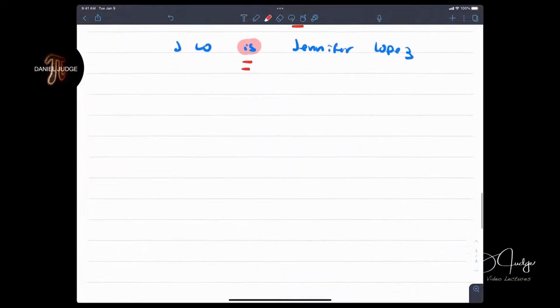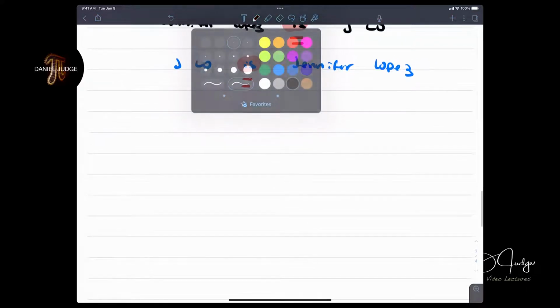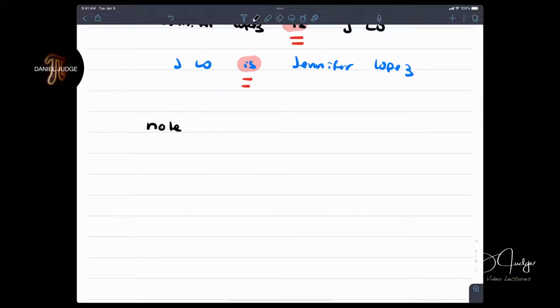So let's note. In this world of proof, we use definitions, arithmetic, logic. And I'm even going to use the word algebra here.